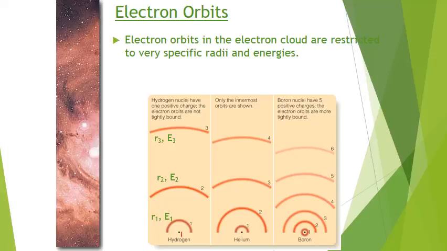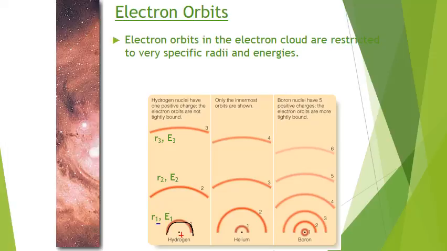Hydrogen only has one proton, a single positive charge in its nucleus, and therefore an electron is going to be bound to the nucleus. There's going to be an attraction because an electron has a negative charge, right? But since there's only one electron and one proton, they're not that attracted, and therefore your first energy level is actually pretty far away from the nucleus.